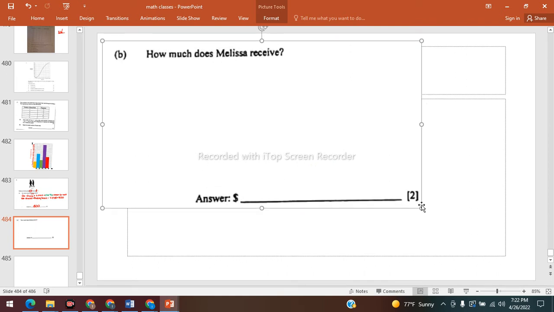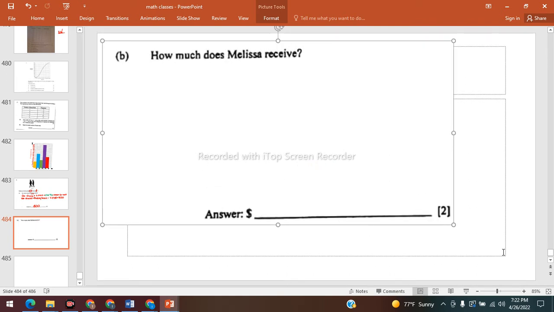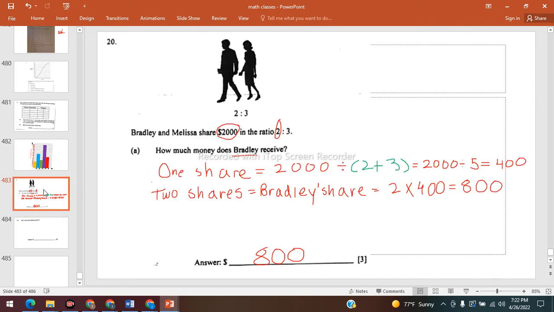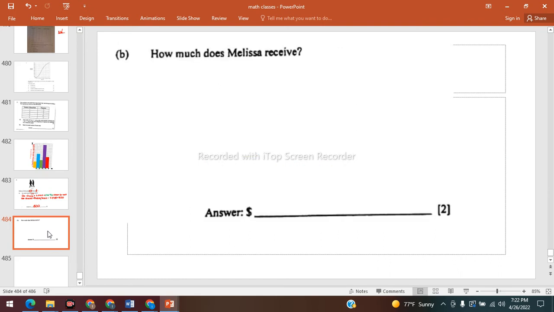Okay, so you do one time. So Bradley's share was 800, but Melissa got 3 shares, right? And so we're going to do 3 times 400.